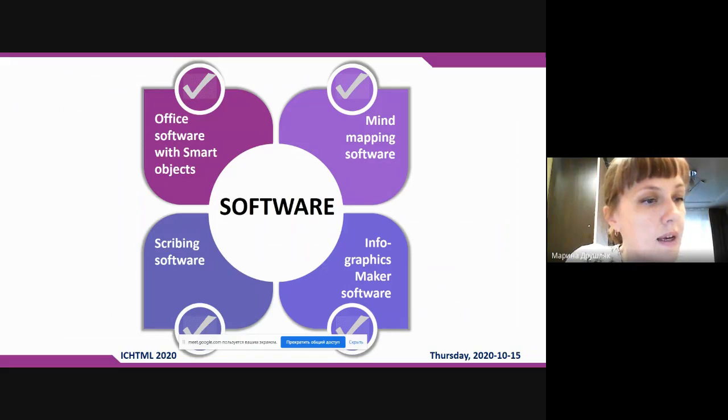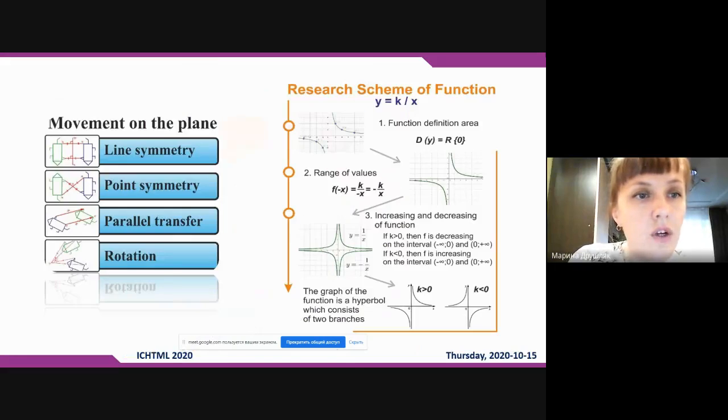We divided this software into 4 groups, and you can see these 4 groups on the slide. Let's illustrate the use of such software. The first example is a mnemovisual model, which is created by a smart object. The second one is a mind map for the topic similar triangles.